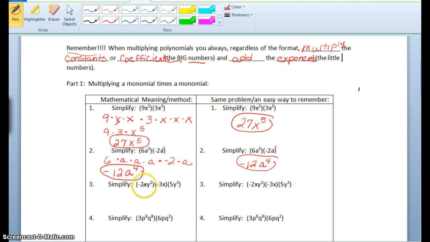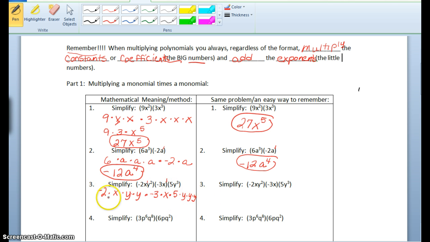That's okay. We can have as many monomials multiplied together as we want, but the concept is the same. We've got negative 2 times x, and there's only one x, times y, times negative 3 times x, there's only one x, times 5 times, there's 3 y's, 1, 2, 3.